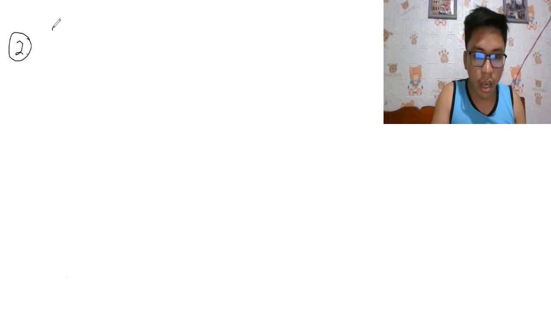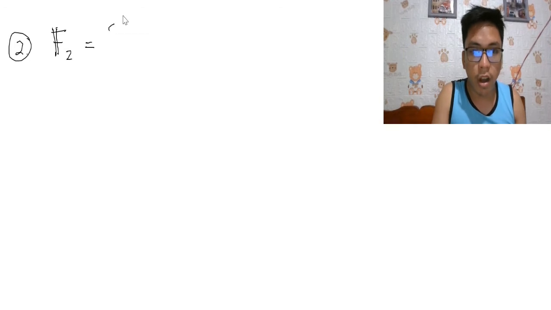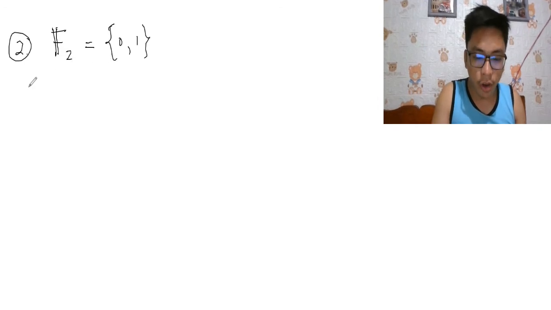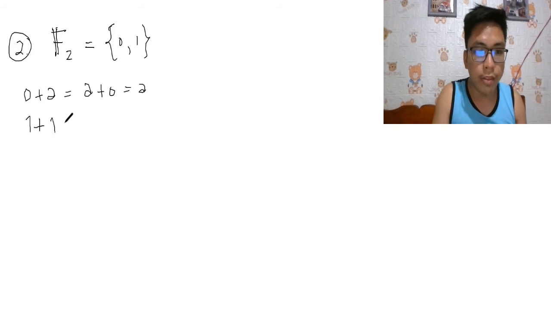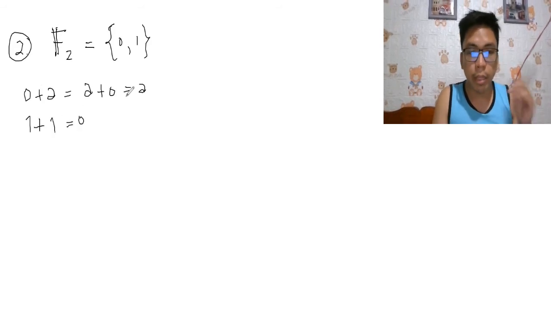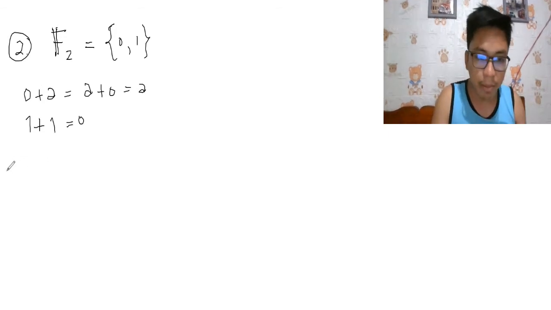Okay, second example. The finite field with two elements, which we denote by F2. The elements of F2 consist of 0 and 1. The addition law here is given by 0 plus a, which is the same as a plus 0, and that's equal to a. And 1 plus 1 here is 0. The multiplication law, on the other hand, is given by 1 times a, you get a, which is the same as a times 1.